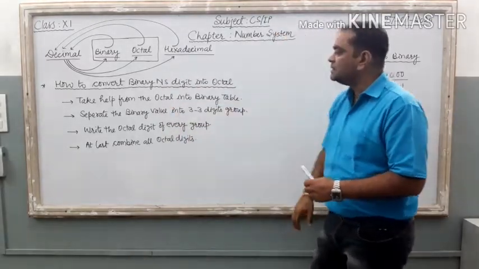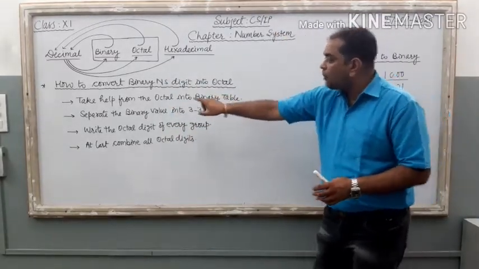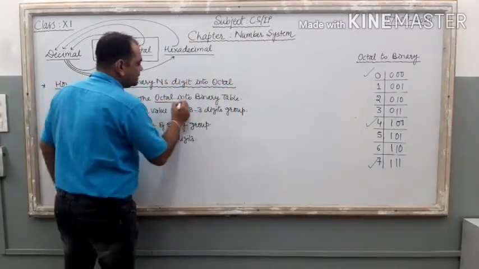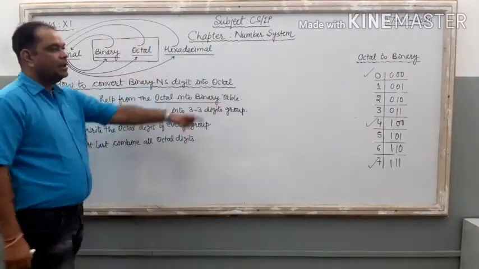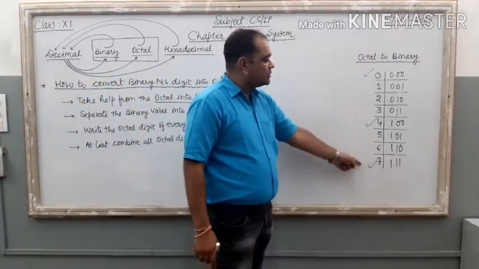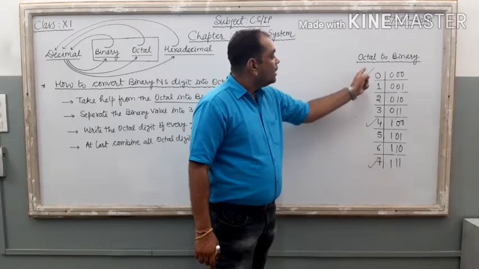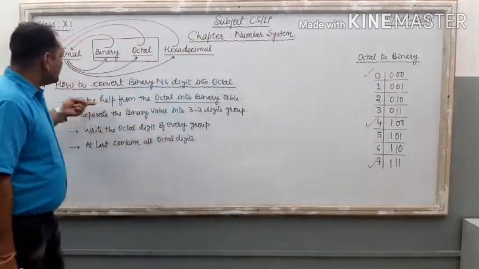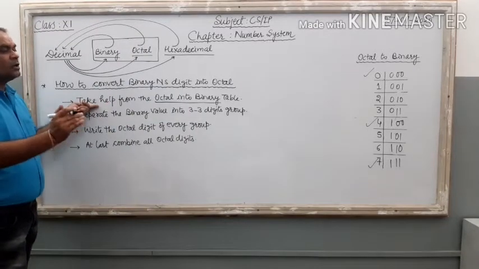The first step is to take help from the octal to binary table. Again, the same table is applicable. The table on the board, octal to binary, is 0 to 7, and these 8 binary codes are there in front of each value.